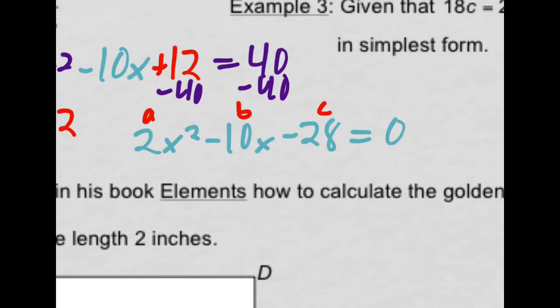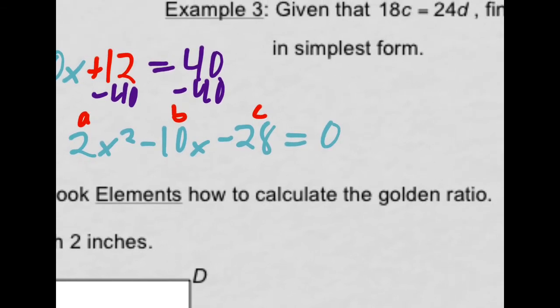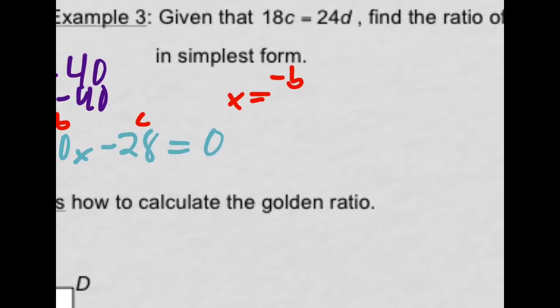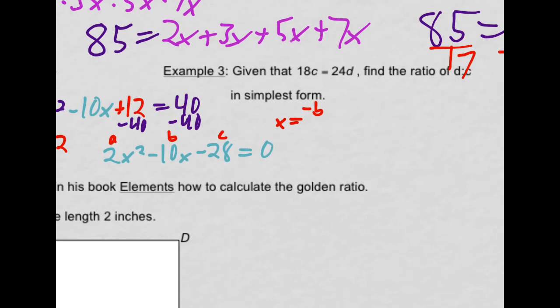And I don't know if you remember this from algebra, but our quadratic formula says that x equals negative b, here we'll zoom out a little bit, negative b plus or minus the square root of b squared minus 4ac, all over 2a.